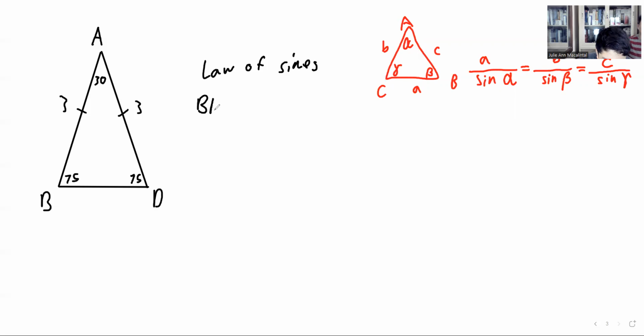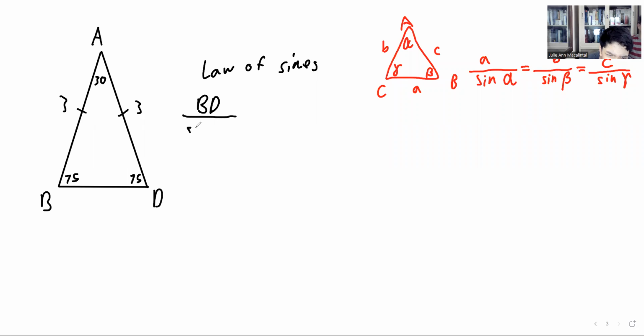It's already kind of obvious what I'm going to do next. I'm going to find BD, because we need all three sides, and actually we already know all three angles, so that's very good. If you find all three angles in the triangle, it means you can find all of the possible things you want to find in the triangle.